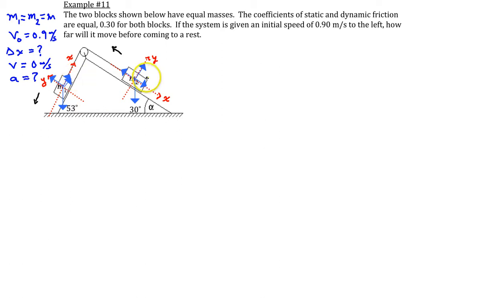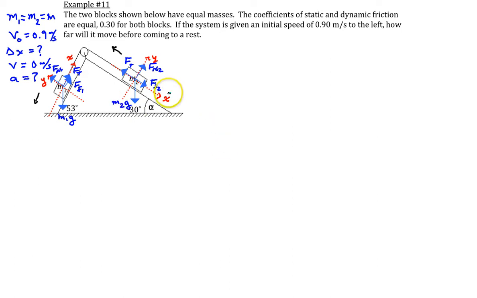So let's appropriately label everything here. We have M1G here, we have M2G here, we have Fn, we'll call that Fn2, and we have Fn1. We have a force of tension, and we have the force of friction 1. We have the force of tension over here, and we have the force of friction on number 2.